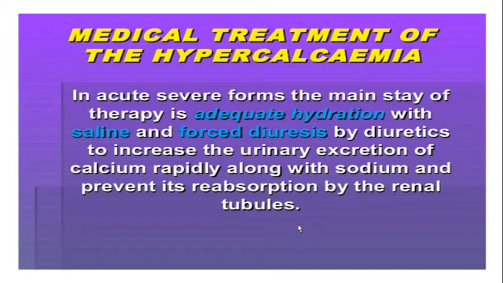So medical therapy of hypercalcemia has to be addressed on an urgent basis, and the mainstay of therapy is adequate hydration with saline infusion and forced diuresis. This is a method of increasing the urinary excretion of calcium, along with sodium, and it prevents the reabsorption of calcium by the renal tubules.